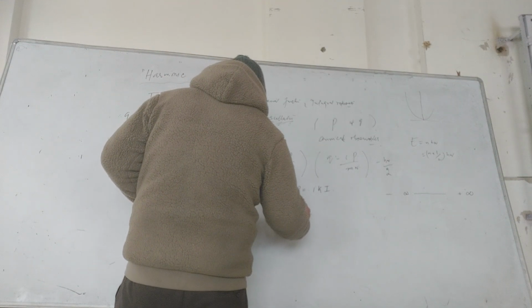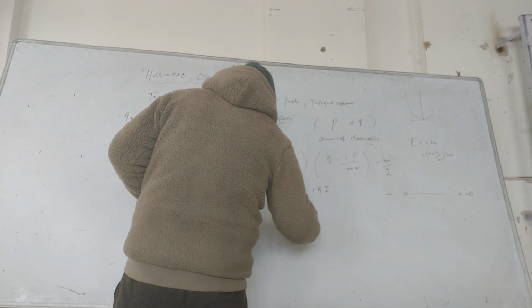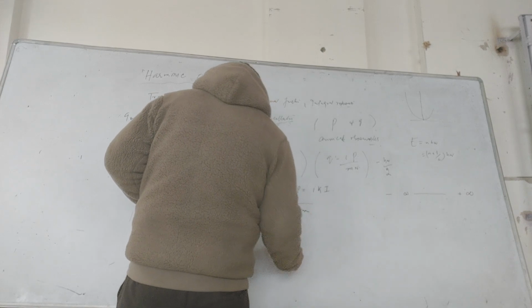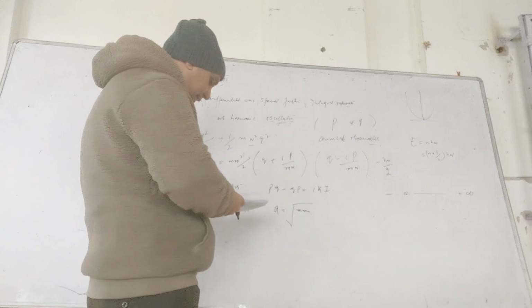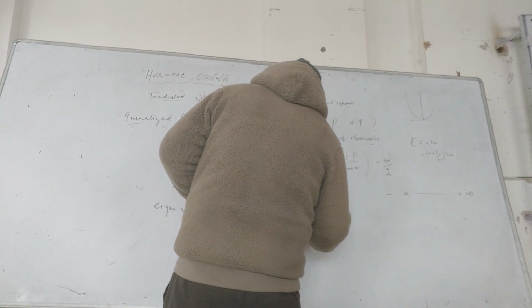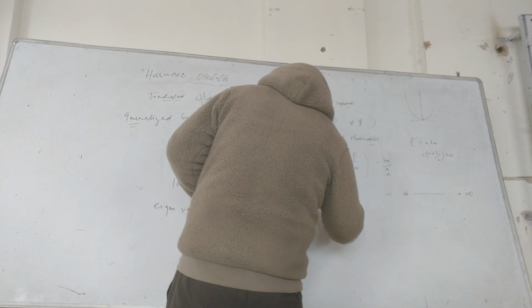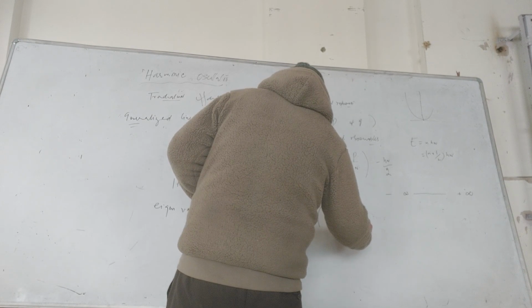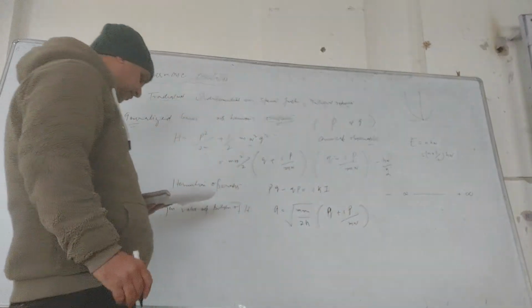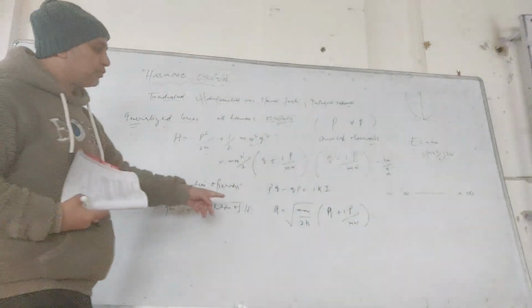A is defined as an operator is defined as m omega by 2h q plus iota p by m. A as an operator would define it like this.